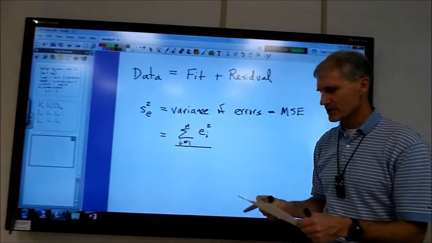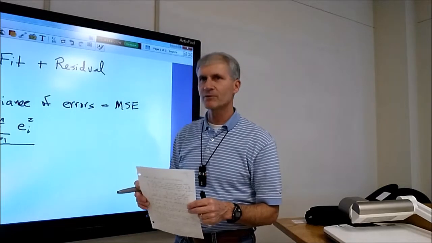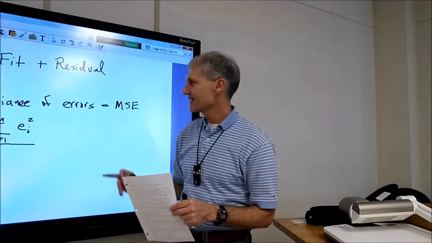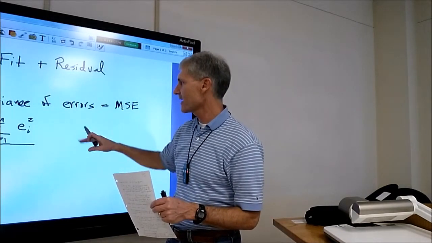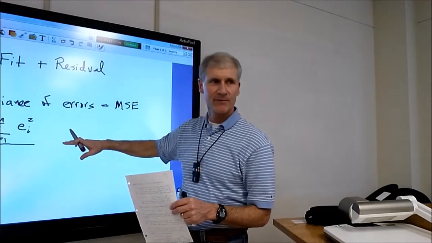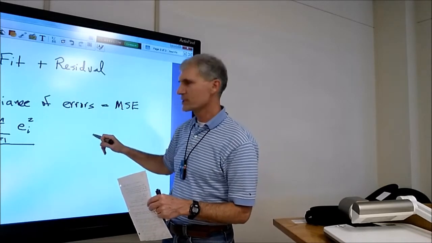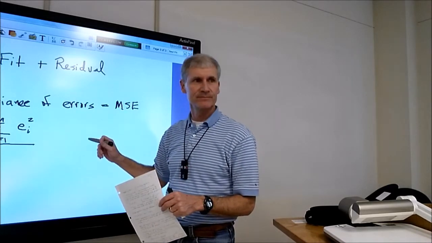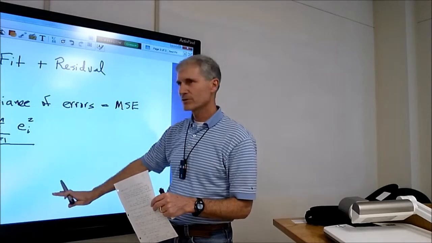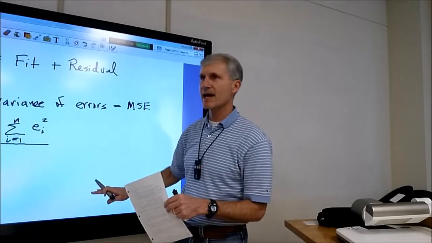Now let's think about degrees of freedom for a minute. Remember our old friend, the ANOVA table? Now the ANOVA table is going to have the model, or the regression line, with degrees of freedom of p. The total degrees of freedom is always n minus 1, and they have to add.